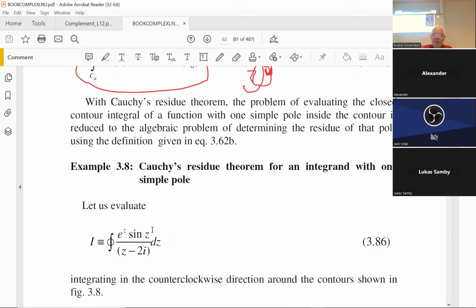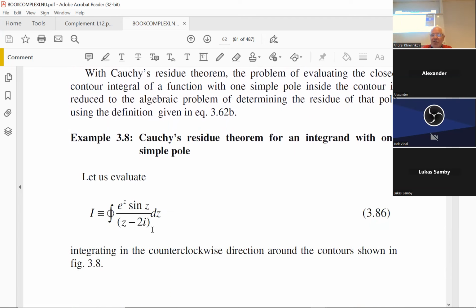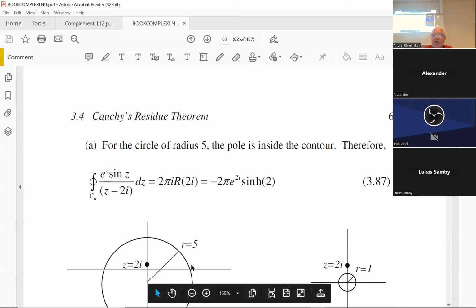So now, for example, we considered this example. So this function, and z0 is 2I. In the numerator it is not 0 at this point, yeah? So this is a singularity, this is a pole of degree 1. So we can take it away and calculate the residue.